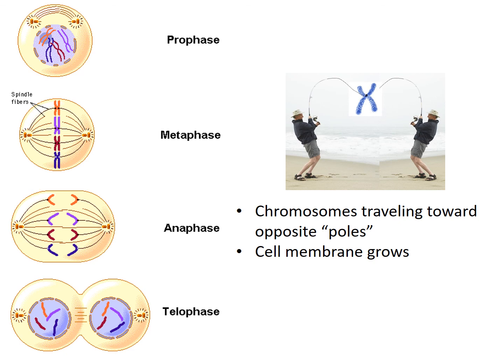So during anaphase, the chromosomes are traveling toward opposite poles of the cell. And also that cell membrane is elongating, it's growing, so the cell becomes oblong. Here, the sister chromatids are being pulled to opposite ends of the cell. That's what these arrows are indicating.